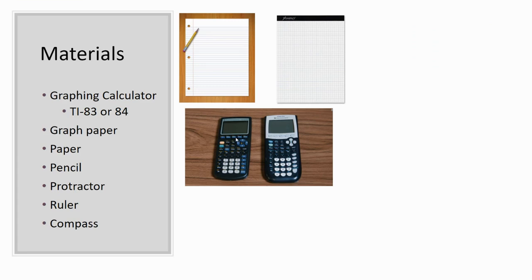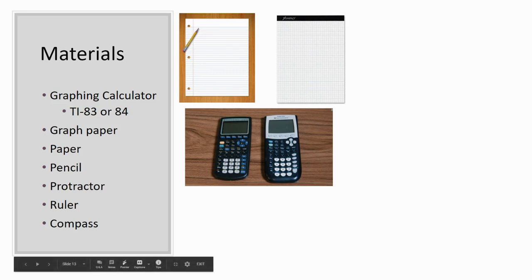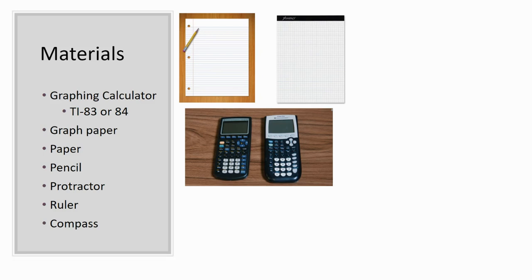I also have a way for you to get access to one online for free that'll just be attached to your desktop. If you don't have one of these and you would like a free copy that you can use on your computer, let me show you what that looks like. Hopefully it'll pop up.